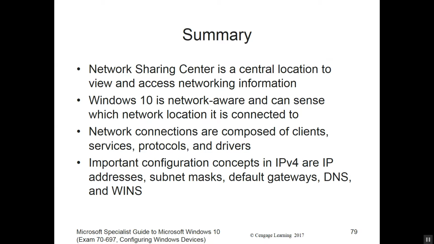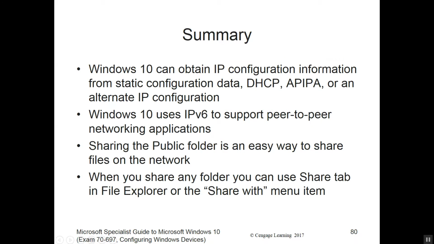Important configuration concepts in IPv4 are IP addresses, subnet masks, default gateways, DNS, and WINS. Windows 10 can obtain IP configuration information from static configuration data, DHCP, APIPA, or an alternate IP configuration. Windows 10 uses IP version 6 to support peer-to-peer networking applications.